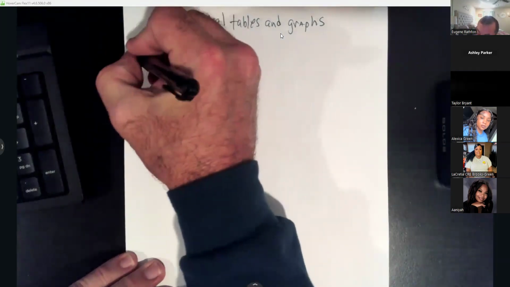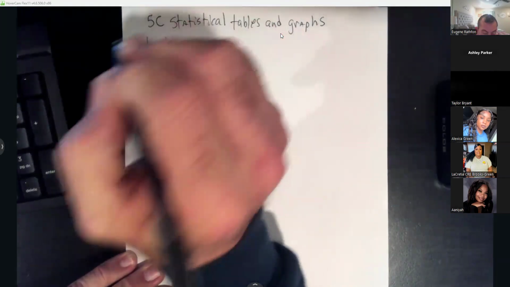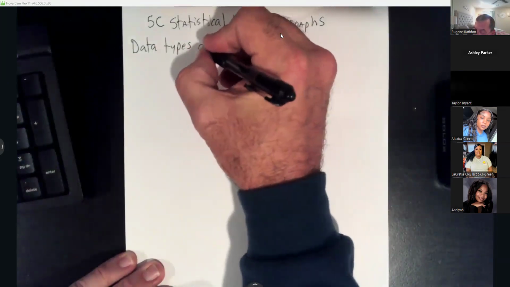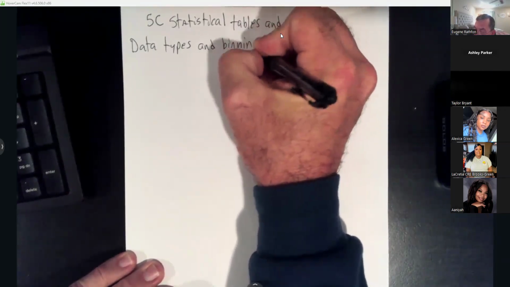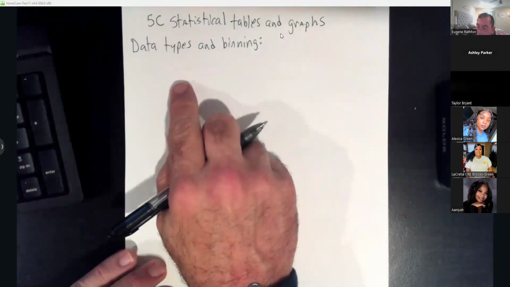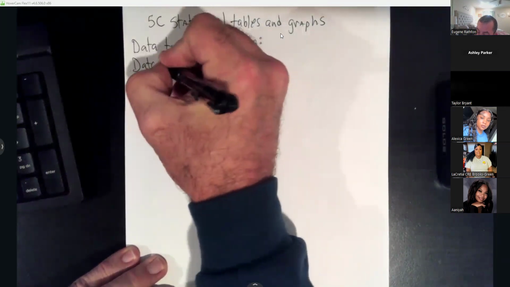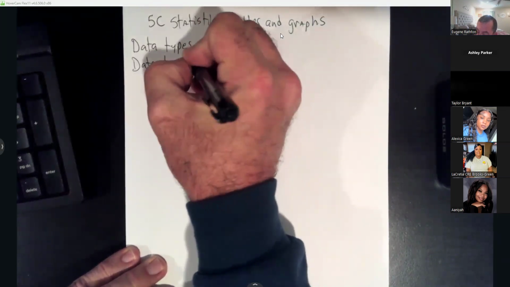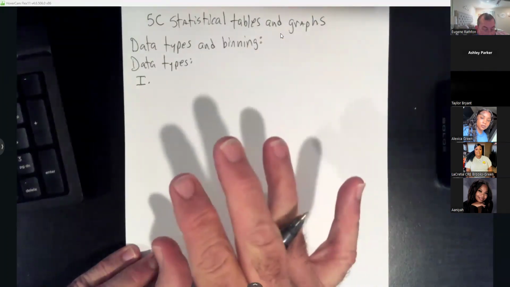So this will be data types and binning. So I'll tell you what we mean by binning. All right, so for our two data types, okay, so we got two main data types.